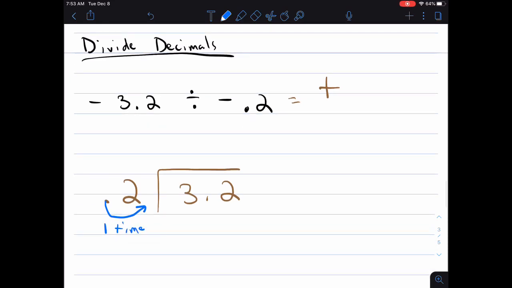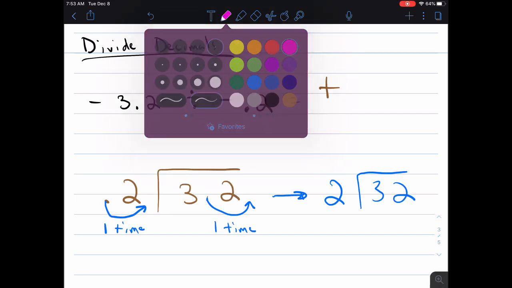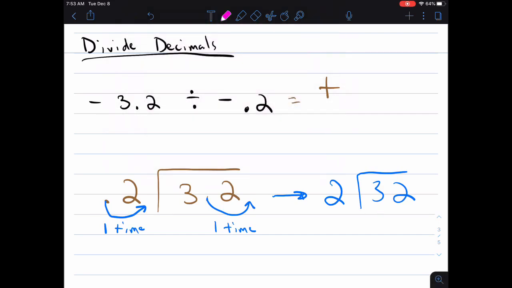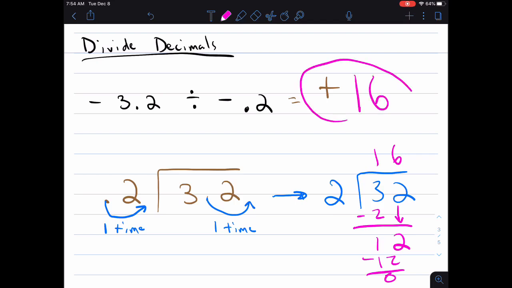Do the same to the inside, hagan lo mismo adentro. 1 time. Write your numbers again. This is now 2 and this is 32. 2 into 3 is 1 time. Bring down the 2, bajen el 2. 2 into 12 is 6. Minus 12. My answer is positive 16.